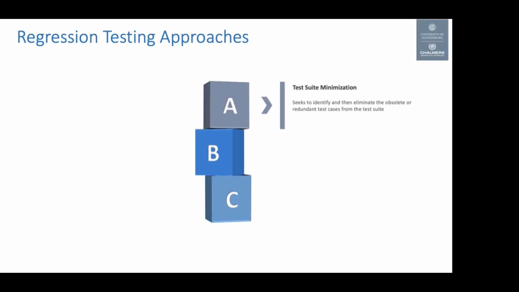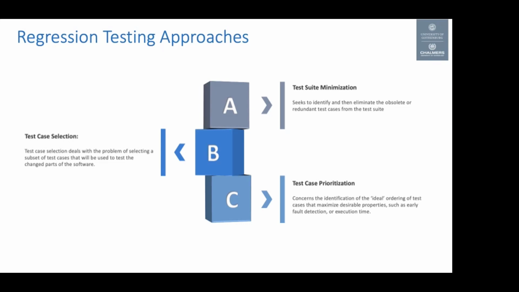So in test suite minimization, we have approaches that seek to identify redundant and obsolete test cases. And by obsolete test cases, we mean test cases that no longer test what they were designed to test in the first place. This can be due to some modifications made in the program or changes in the specifications. Approaches in the test case selection category seek to select a subset of test cases that were presumably impacted by some new changes made in the system under test.